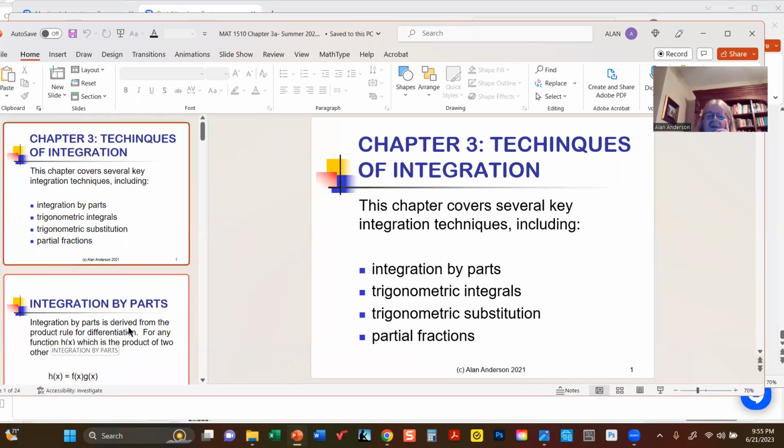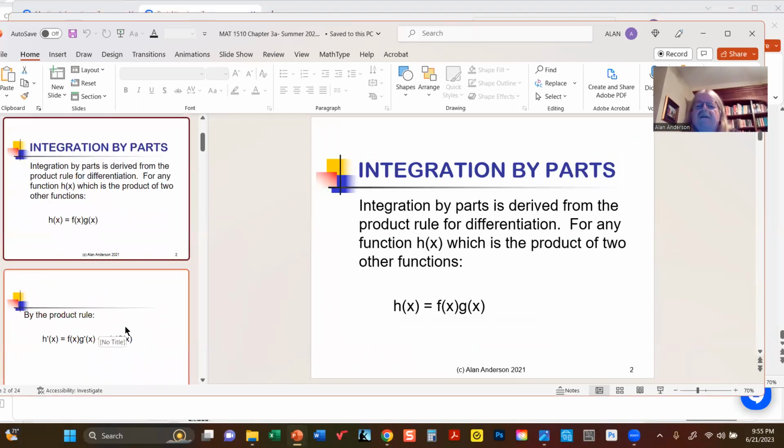Well, integration by parts is based on the product rule for derivatives. So let's just quickly review this. Suppose you have some function h of x, which is the product of two other functions, f of x and g of x. What if I take the derivative of h of x? What does that give me?